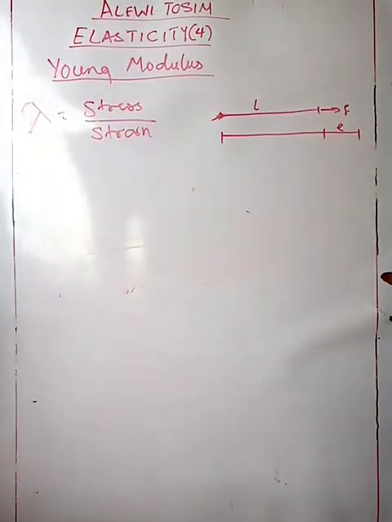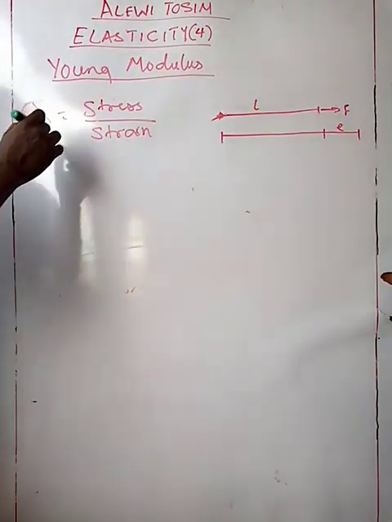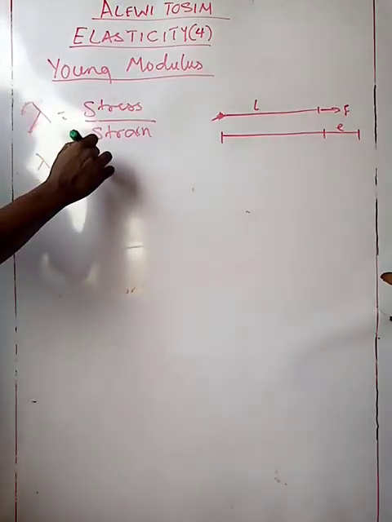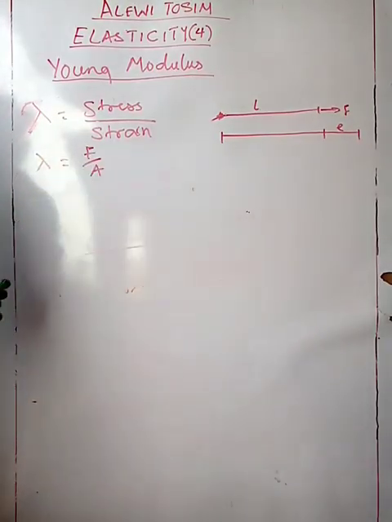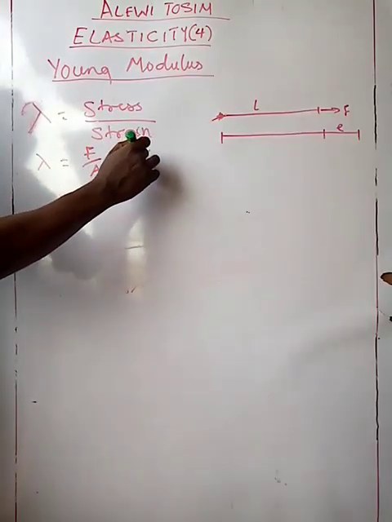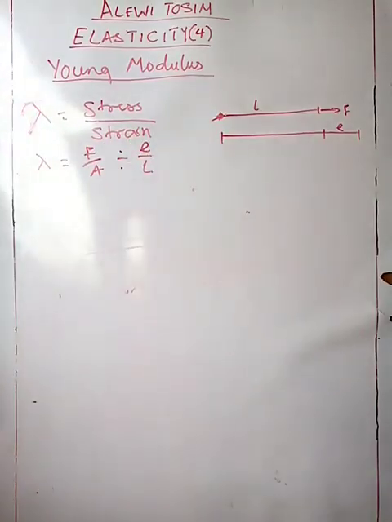Now, recall that our tensile stress is given as force over area, divided by tensile strain, which is extension over original length.